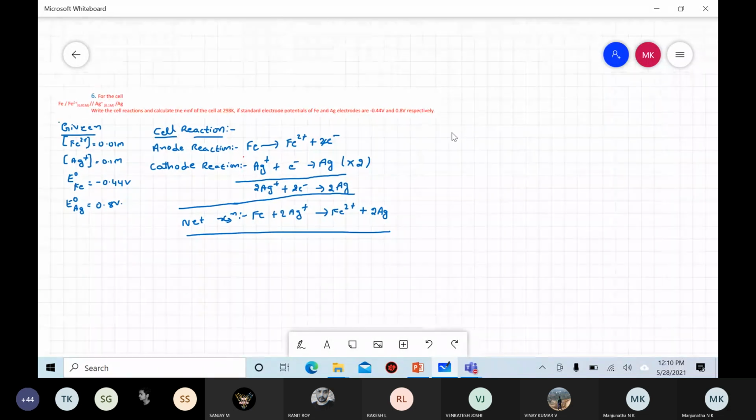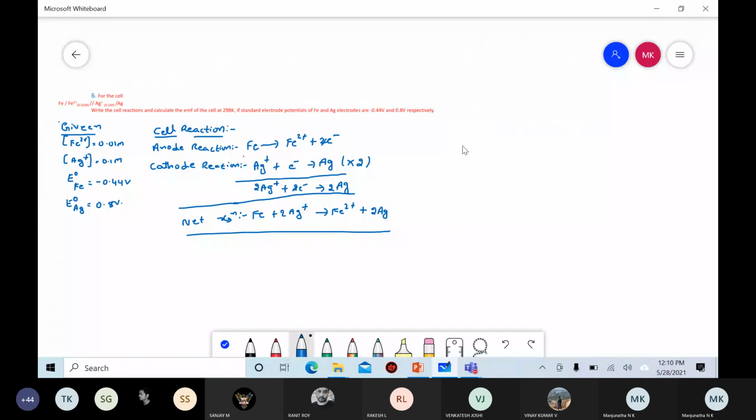For that we know the formula: E cell is equal to E naught cell plus 0.0591 divided by n, log of concentration of cathode species divided by concentration of anode species. This formula we know. Now you substitute values into this formula.